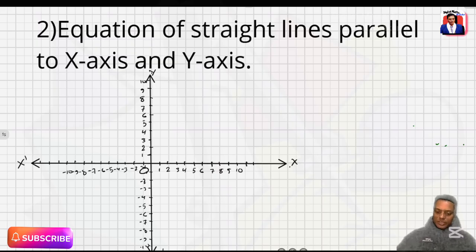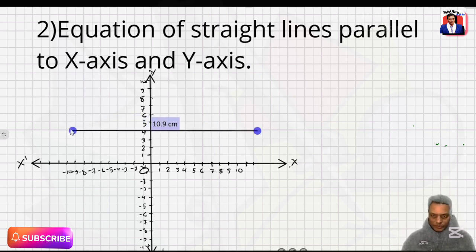First of all, let's draw a line parallel to the x-axis. Let the line be AB. Here we can see the y-intercept is 4.